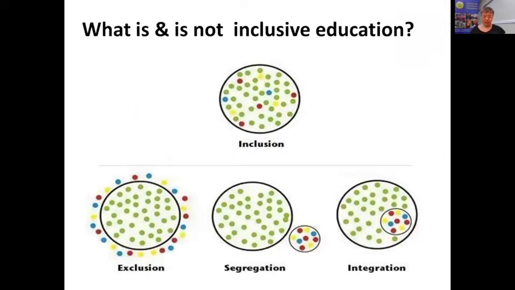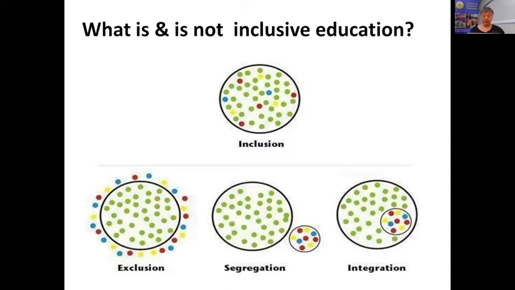So what is and is not inclusive education? In this slide, you will notice there are 4 circles with different coloured dots, either inside or outside the circle itself. The green dots represent non-disabled pupils, the majority, within mainstream education settings, including schools, colleges, and universities.